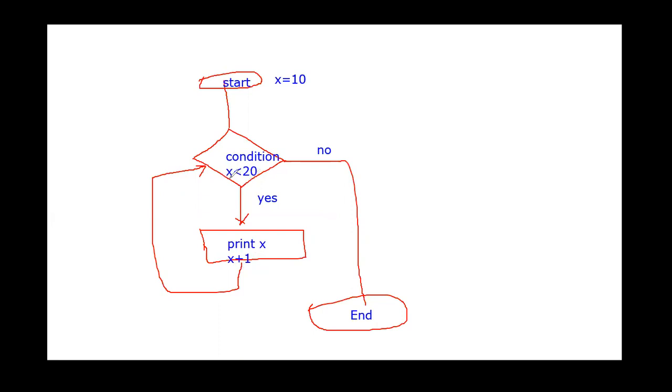No, 20 is not less than 20. Then it will go to this no block and it will end. It will not print the value 20 over here, right? Yes, got it.